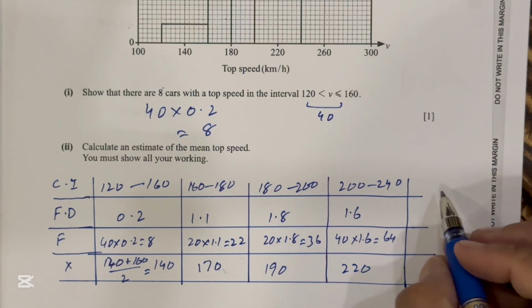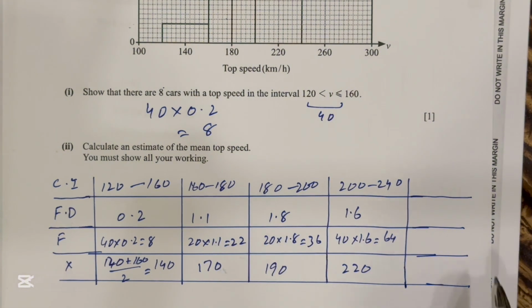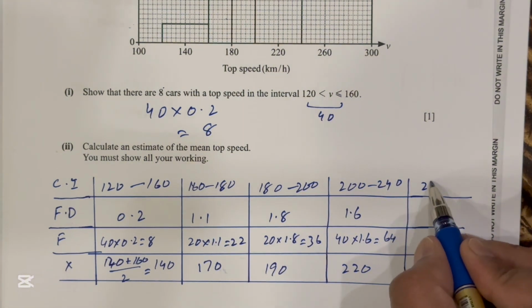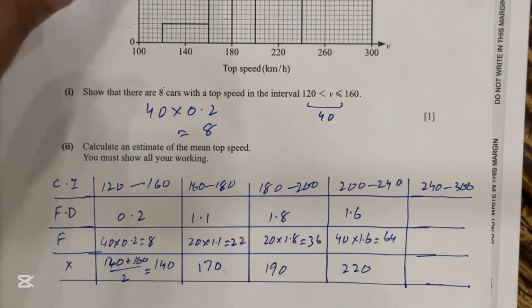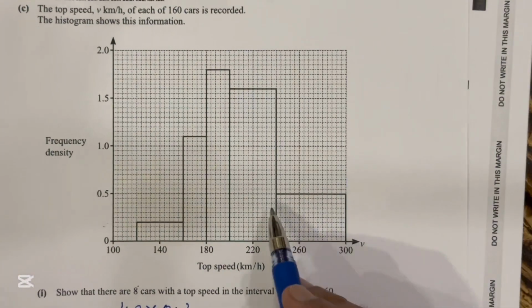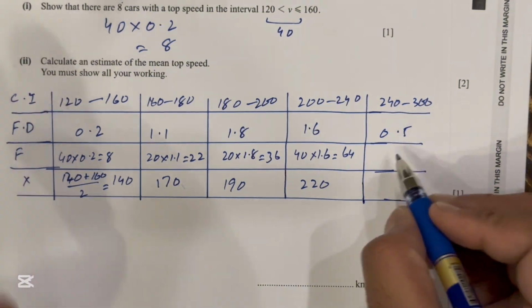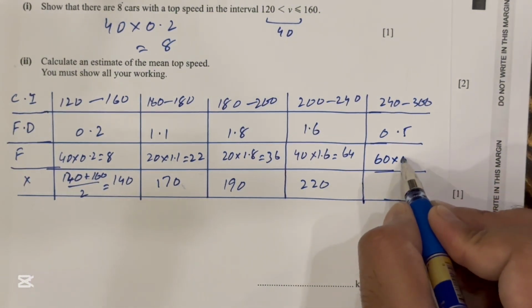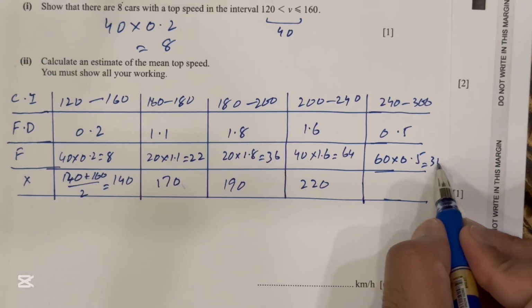Now the last value is 240 till 300, and the frequency density is 0.5. The difference is 60, 60 into 0.5 is 30.